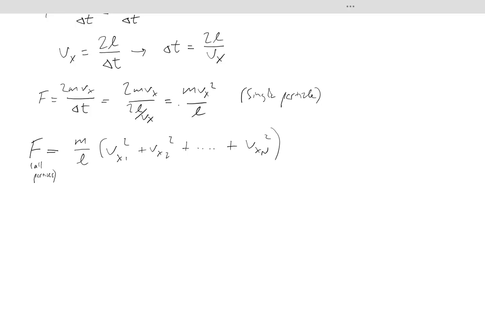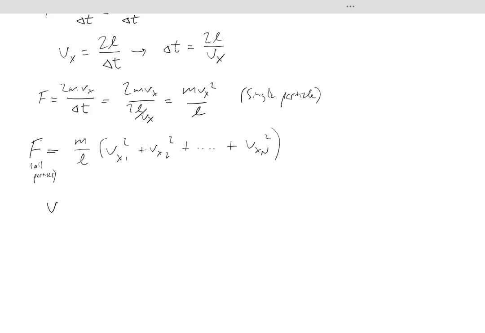Every one of them has an associated m over L times its speed squared, and that's the total force all particles are exerting on one of the walls. So I can pull out that m over L, and it's really just the sum of the squares of the velocities. We can consider that there is some average velocity.